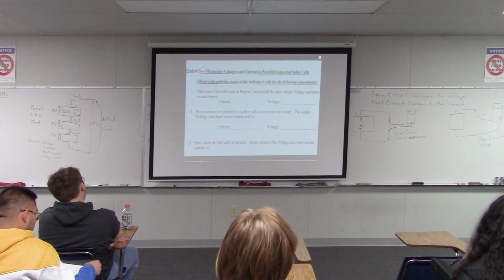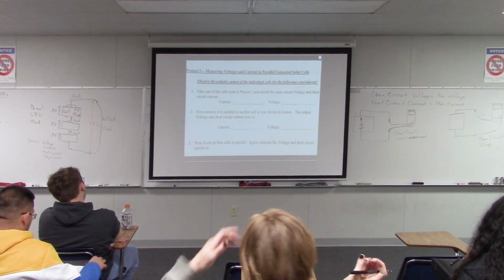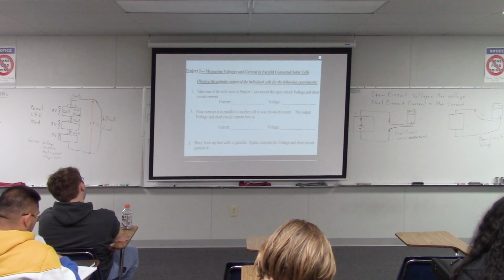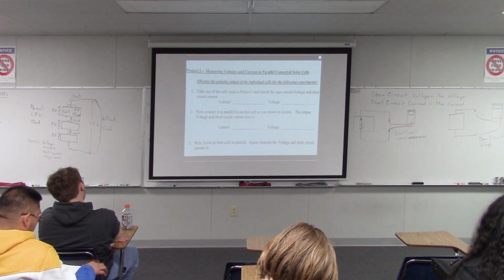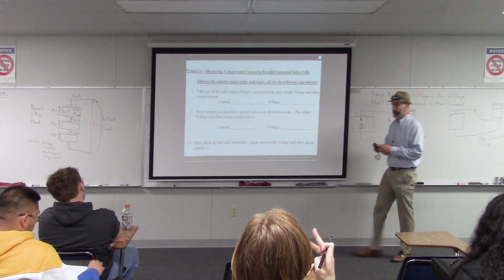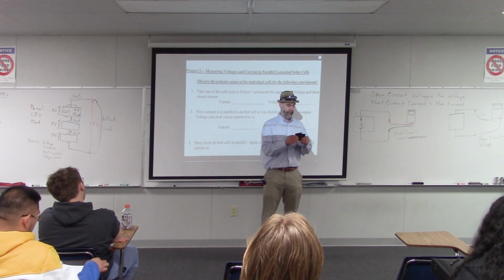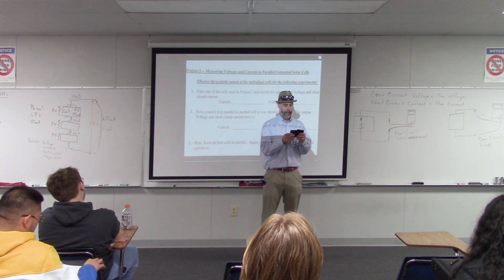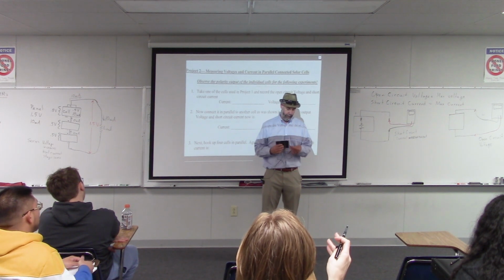So let me show you how we're going to connect these panels in parallel. Remember, parallel means that the positive terminals are connected to all other positive terminals, and negative terminals are connected to all other negative terminals, okay? So if we want to connect 2 panels in parallel, we're going to take their positive wires and just twist those wires together.